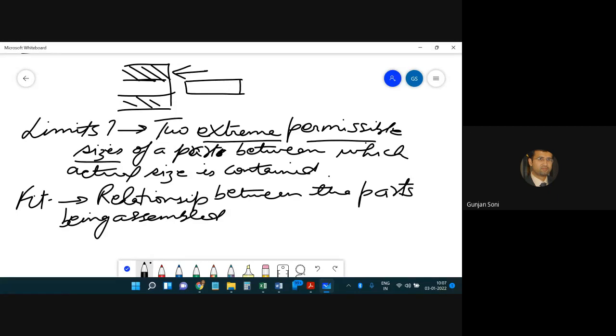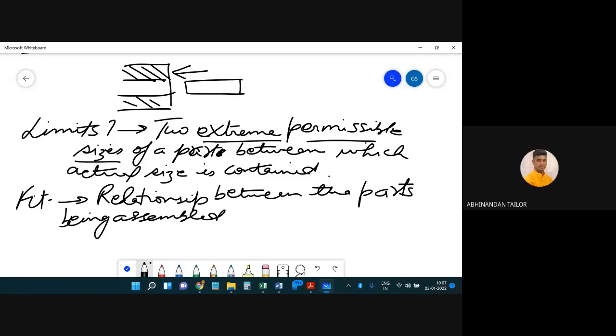That is, the relationship between these two parts is that there is going to be a relative movement between the hole and the shaft, or there may not be relative movement. There's going to be a tight fit between the hole and the shaft so that it does not move. Okay, so we give them several names. Does anyone know what names we give to different types of fits?